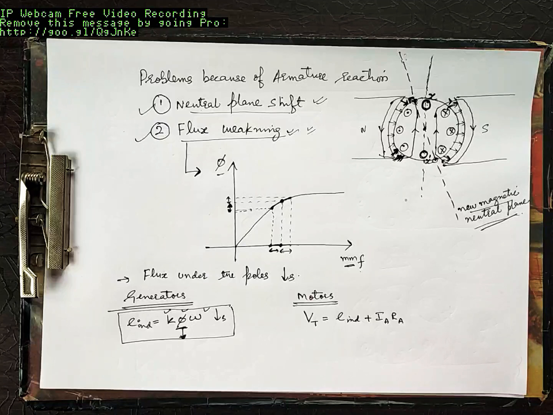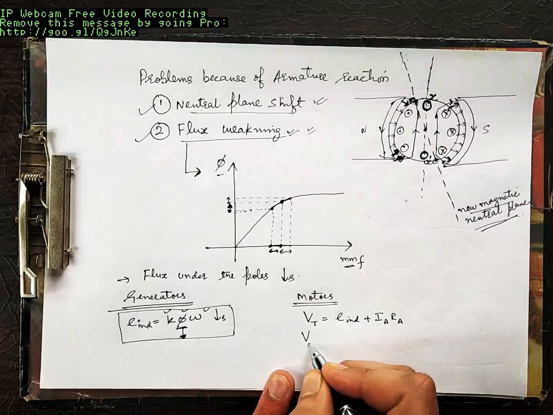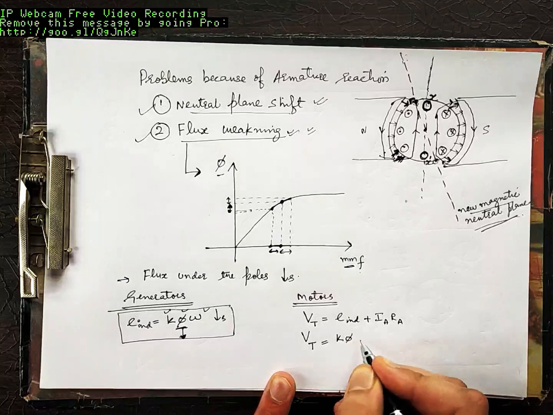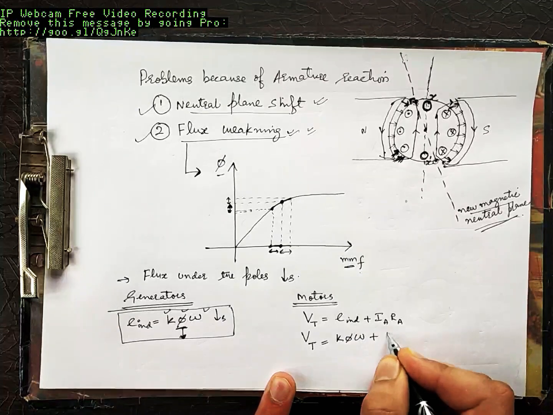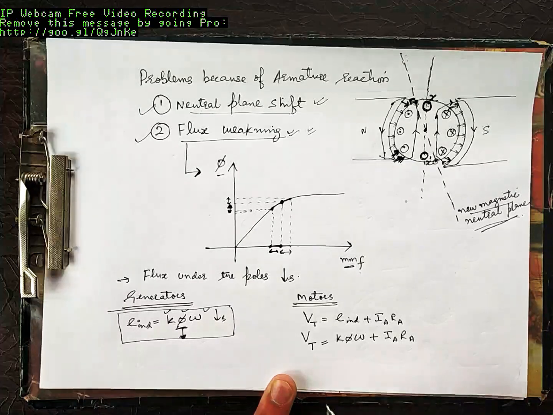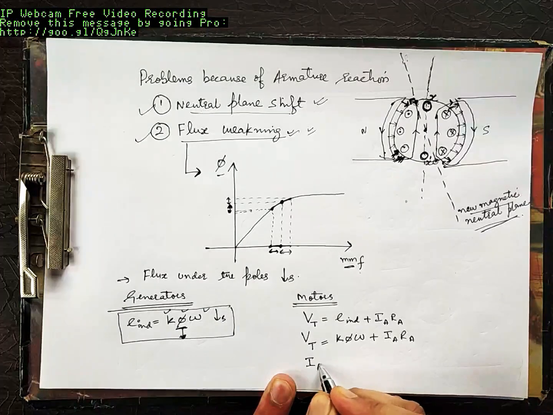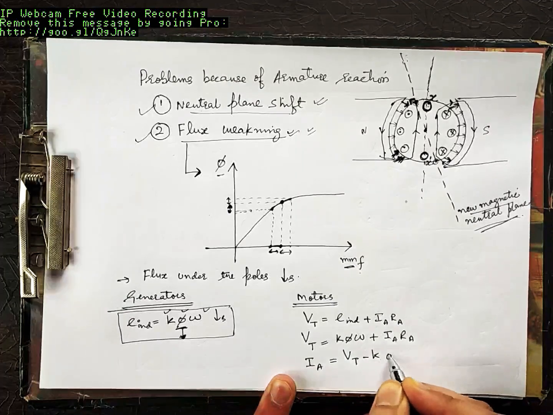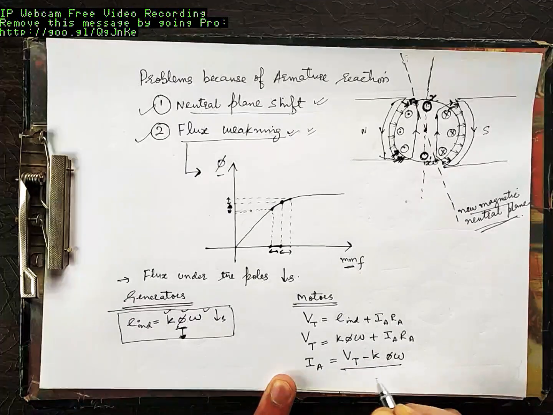We have discussed this in class. You can refer to the lecture notes. Or Vt is equal to K phi omega plus IA RA. From this we can write IA directly: IA is equal to (Vt minus K phi omega) divided by Ra.